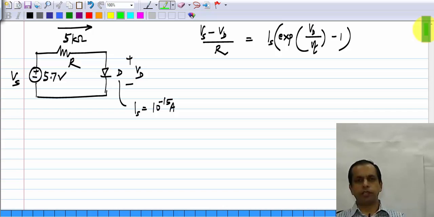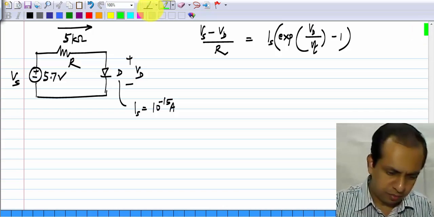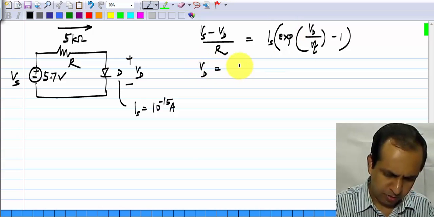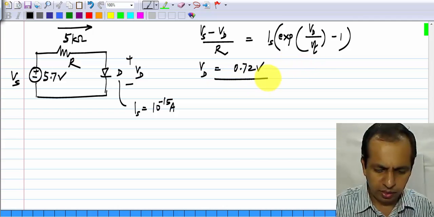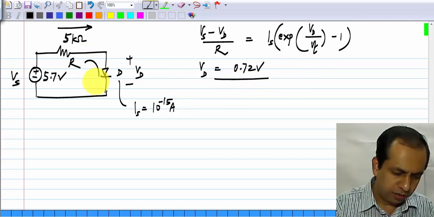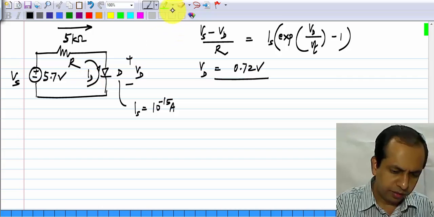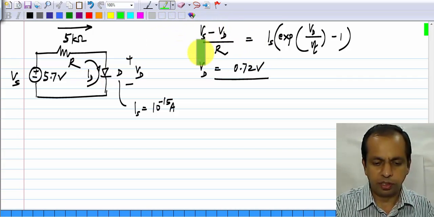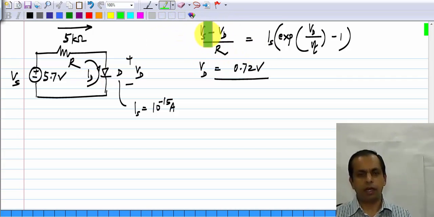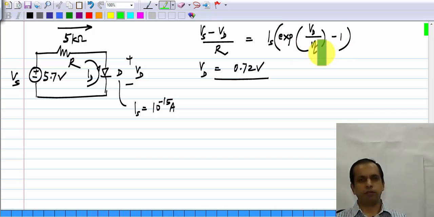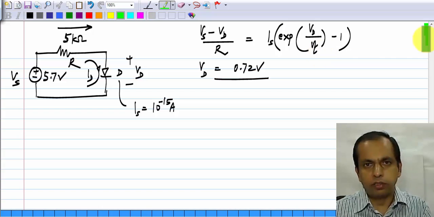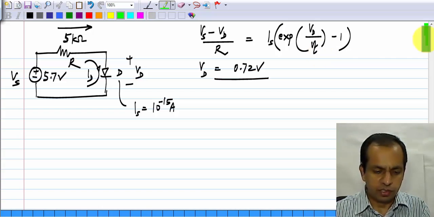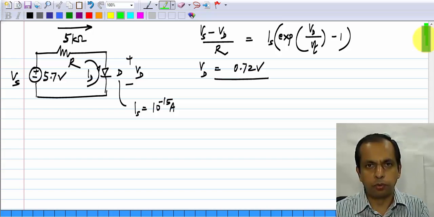And if you solve this equation using Newton-Raphson iteration or any other technique, you will find that Vd is 0.72 volts or so. And you can also find the current Id by substituting that into (Vs minus Vd) by R, or into the right hand side of this. Of course, our interest is not in numerically solving these nonlinear equations, but to use suitable approximations.